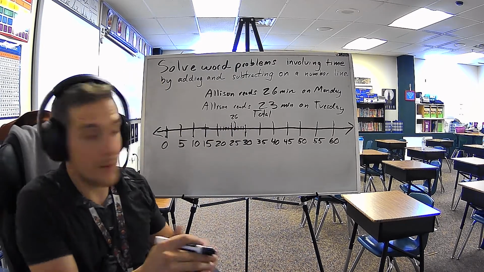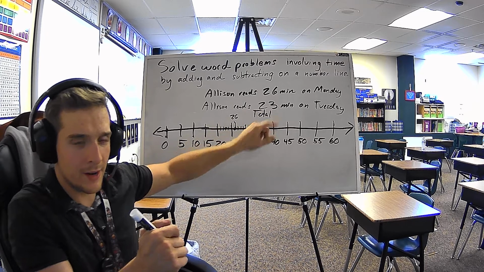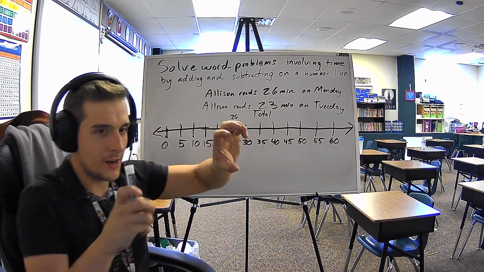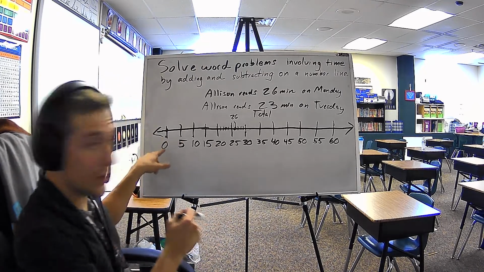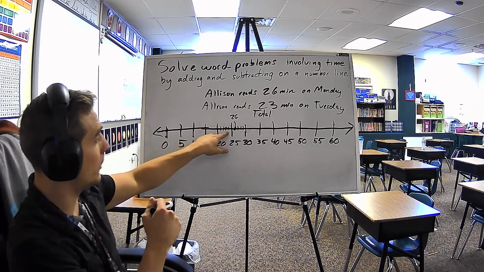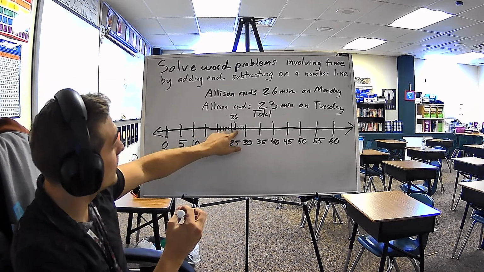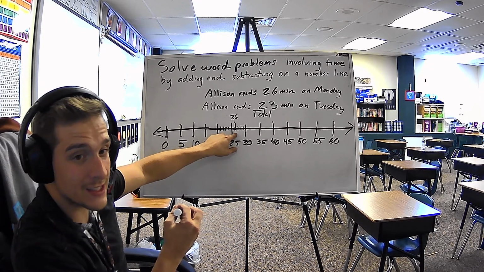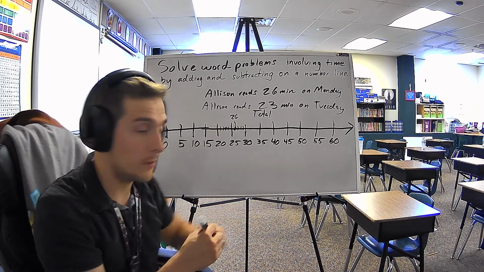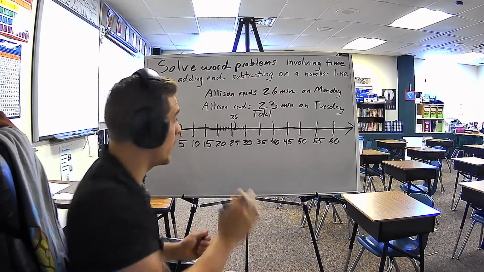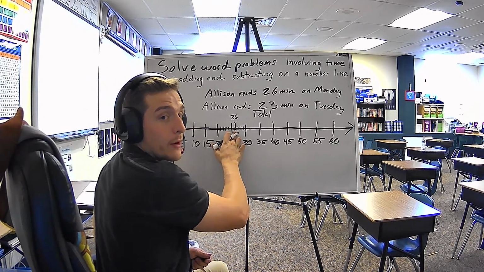When you add, if I'm adding 26 and 23, I start with 26 and then I put 23 on top of that. So instead of going back to 0 here and counting up to 23, I start at 26 and then count up 23 from there. So let's go ahead and do that. So starting at 26, I'm counting up 23 from here.